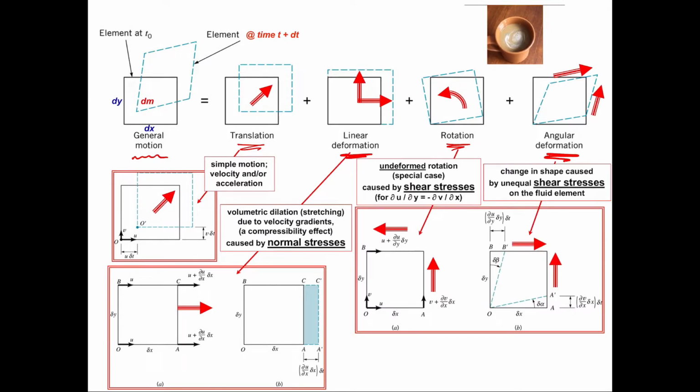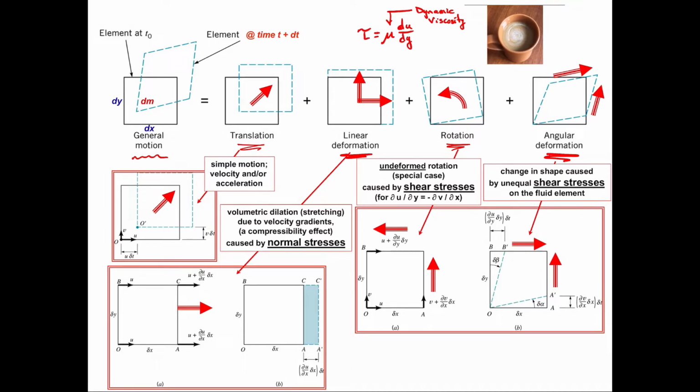And then rotation and angular deformation both are dependent upon shear stress. You likely recall that we've talked about shear stress before in this class, with our constant of dynamic viscosity and our velocity gradient, du dy.